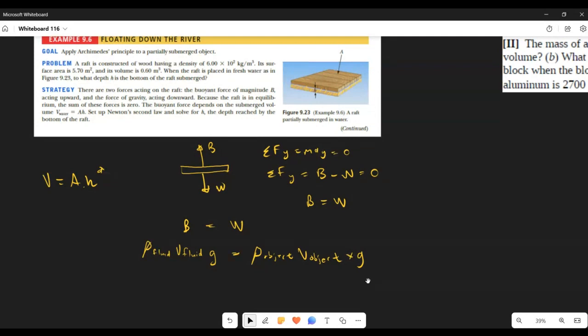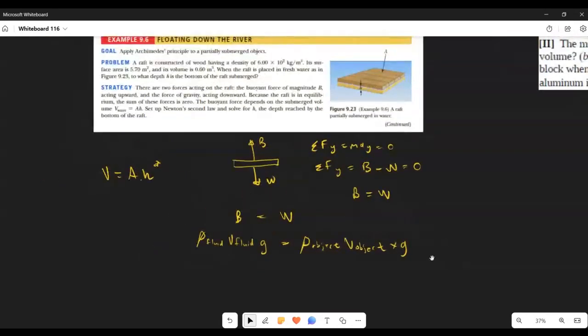All right, I hope you have solved it. Here we have water, 1000. The volume displaced is that section, but we know its surface area, which is 5.7, times h, because we don't know how much has been immersed. We have g, but we just cancel the g's because we have g on both sides.